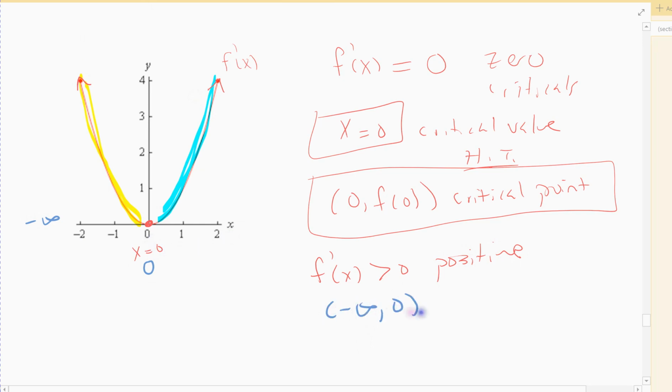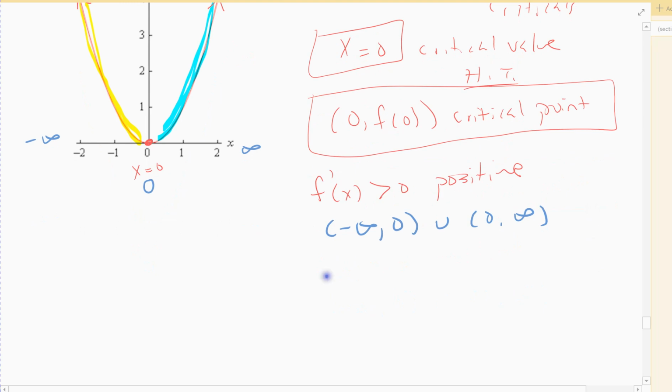Now at 0 it's not. But then on the other side, it's positive again. So it's positive everywhere but at the critical moment when it's 0. 0 is neither positive nor negative. So it's positive up to the critical moment, stops, and then positive again after. And so that means it's never negative.